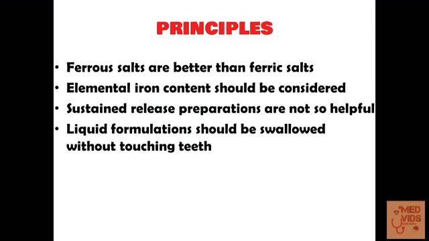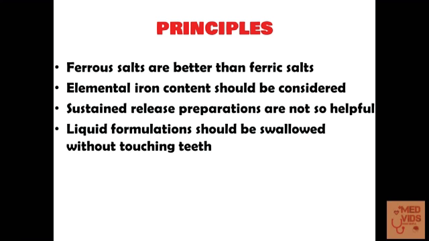So let's talk about some principles involved in treating a patient with oral iron. First of all, ferrous salts are better than ferric salts. To understand this, you need to know the physiology of iron absorption. Iron is mostly absorbed in the proximal intestines.